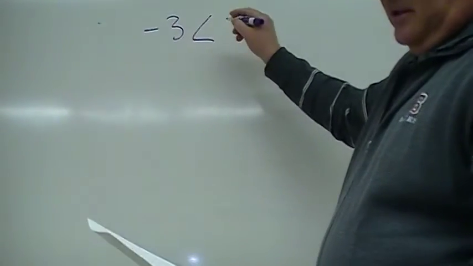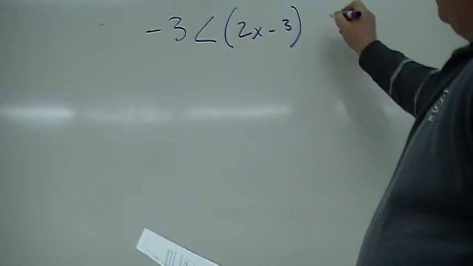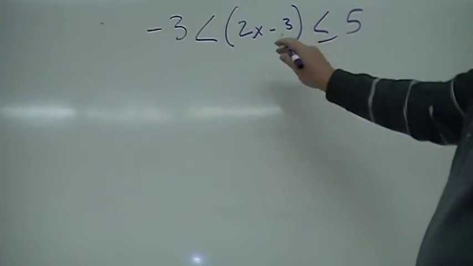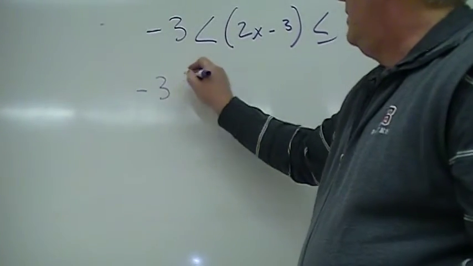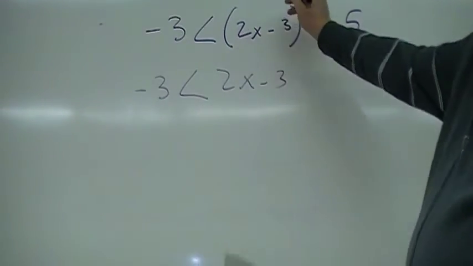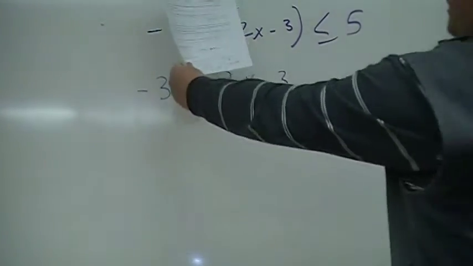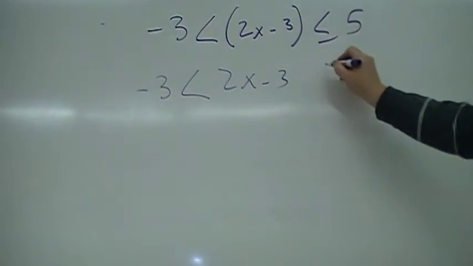Next: -3 is less than 2x minus 3, less than or equal to 5. What we do here is make two problems. We say, there's that, and solve it. And then we say, there's that.